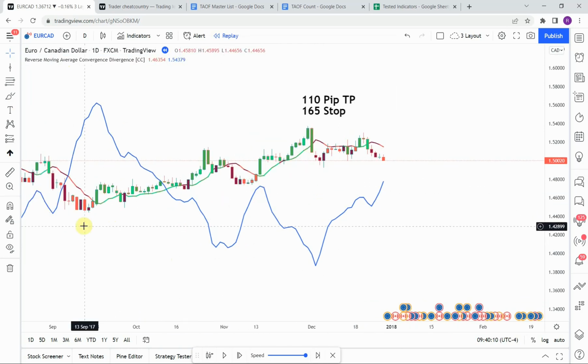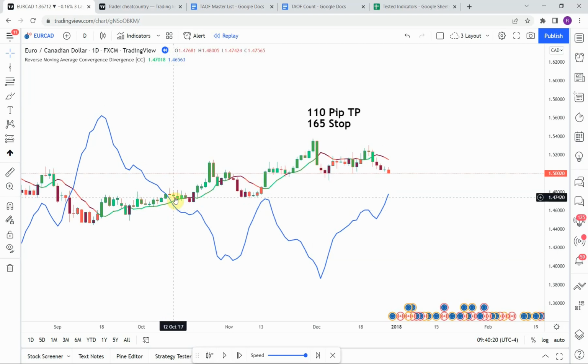And so for instance, when we get the cross of the blue line to the downside, then we are looking for the color shift line here to be in the green position or change to the green position, and we will go long. So when it first makes that break to the downside, the blue line, then if the color shift line is in the green, that is a valid long entry.